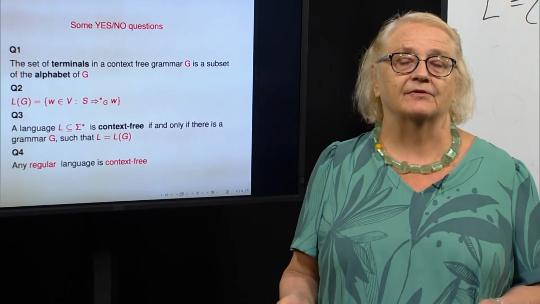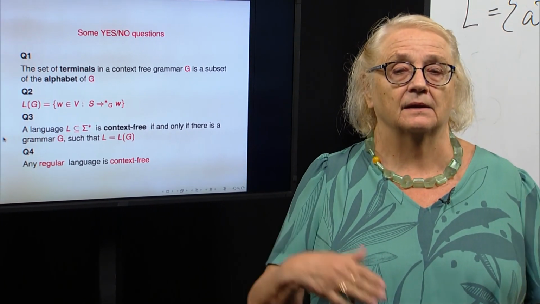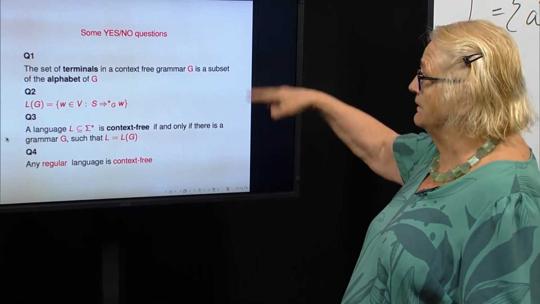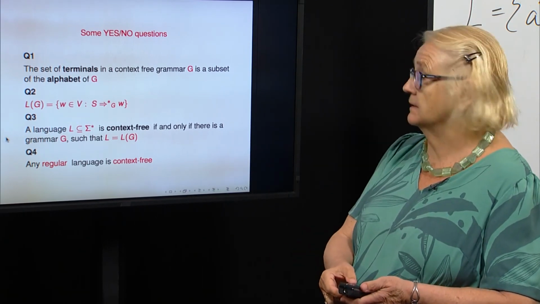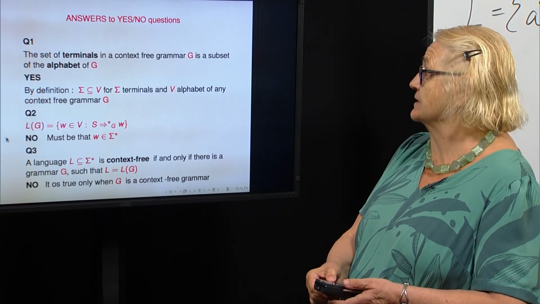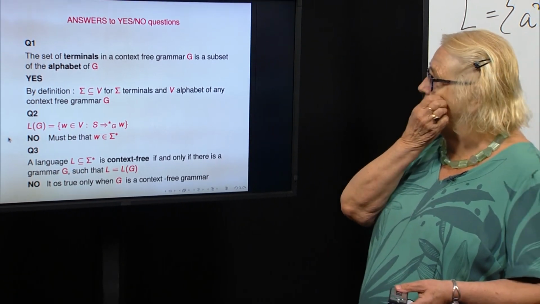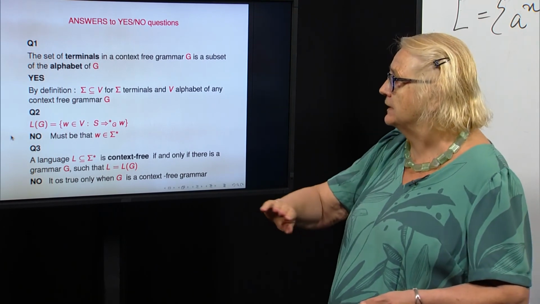Then you have a lot of yes/no questions. For each piece of the chapter, I give you a lot of nice, short yes/no questions, and they are good. I think they really provide a good way to study.